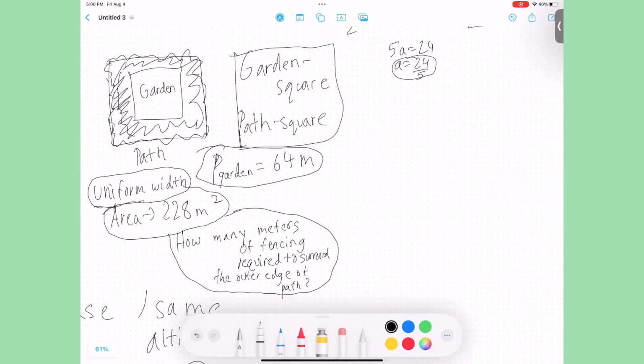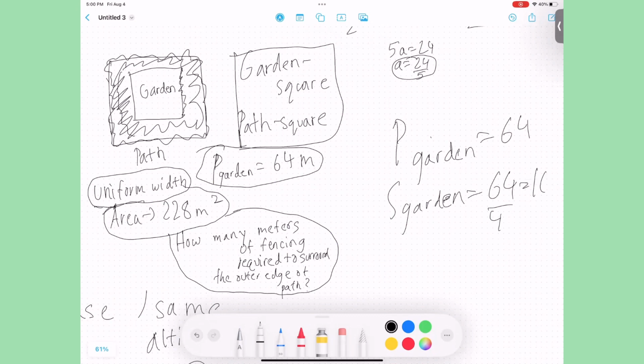Basically, what you have to notice is that since the perimeter of the garden, P garden, is 64, the side length of the garden is 64 over 4, which is 16.